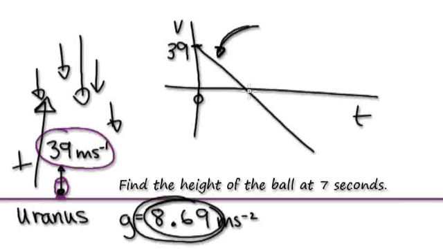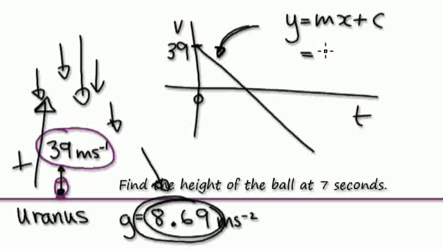Come up with the equation for this straight line. Well, a straight line, we know it's y equals mx plus c. Now m in this case is the acceleration, so it will be negative 8.69 x plus c.